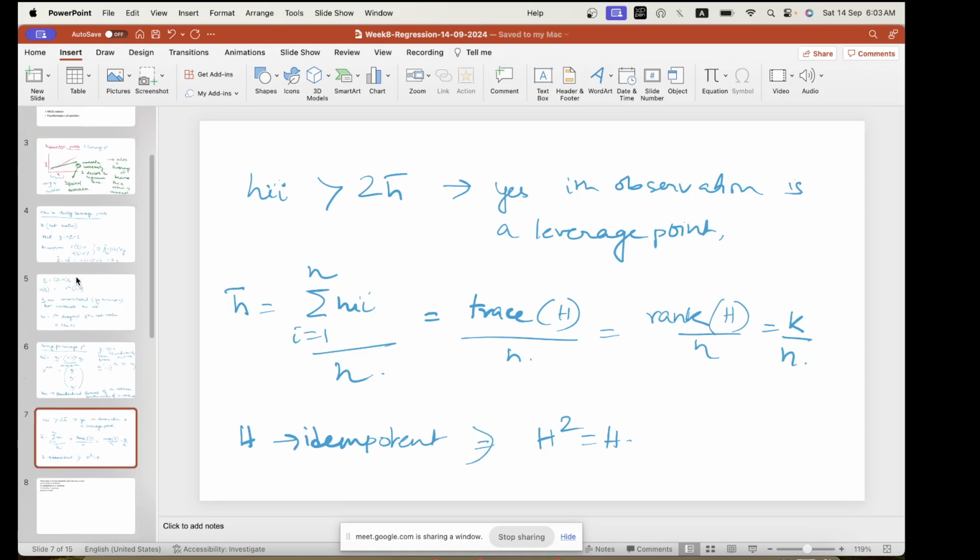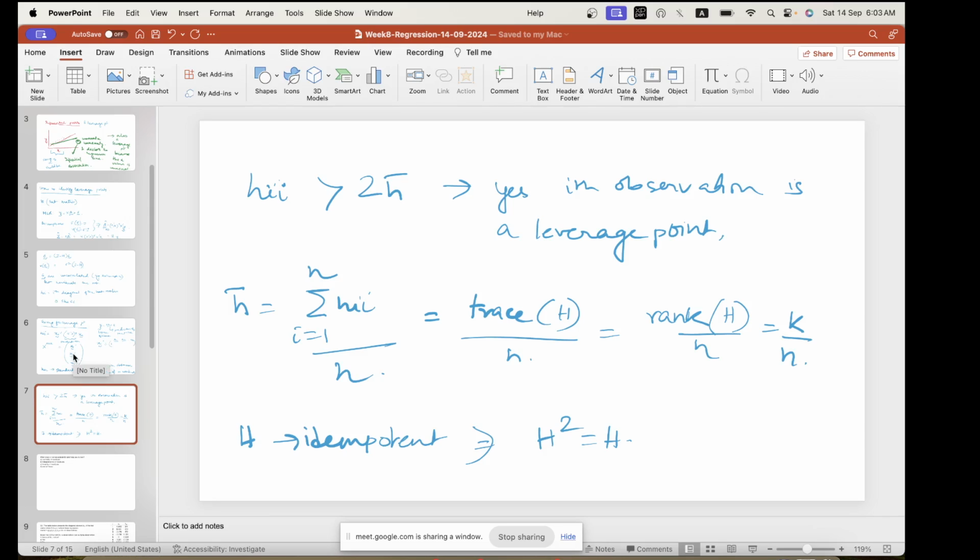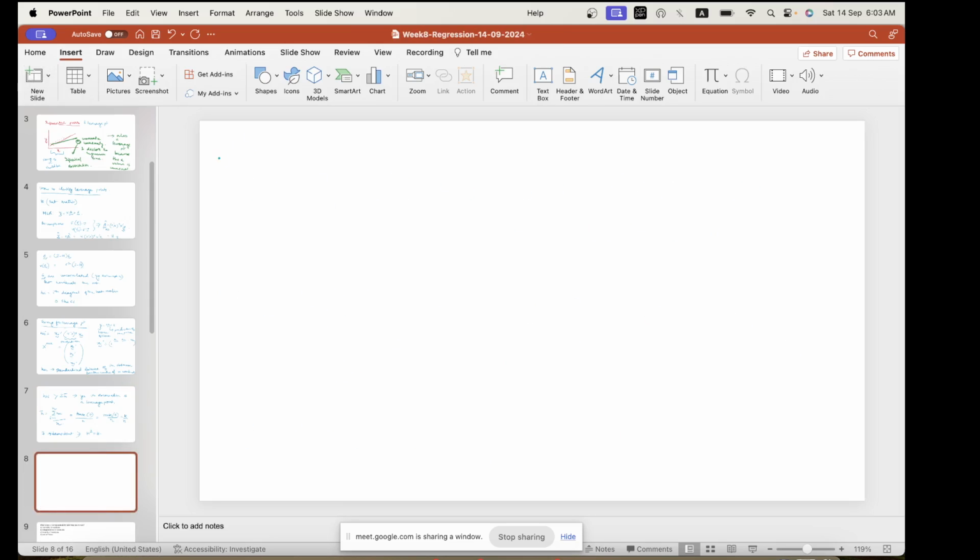Okay, and then last week we also learned about a few plots. We learned about standardized residuals. And how do we calculate standardized residuals?